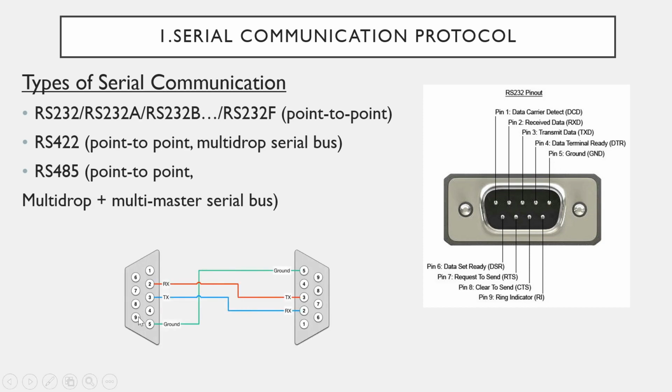This is a point to point communication, meaning this one is a DTE, another is a DCE, and pin 2 is RX and pin 3 is TX. One side RX will connect with the TX of the other, and TX with the RX, and ground pin will connect 1 to 1.